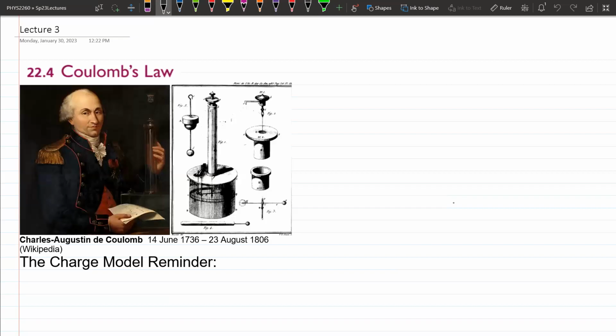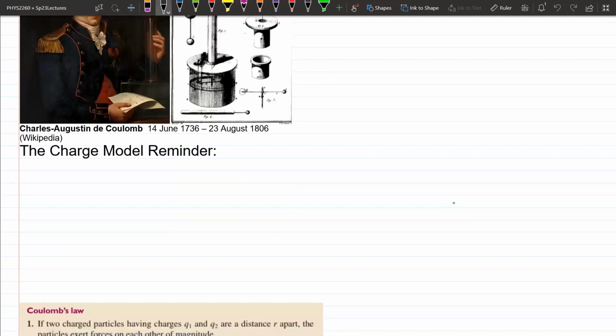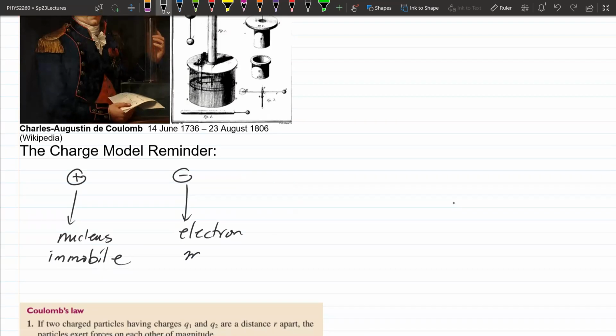And that's the idea of the charge model, where we have some sort of positive charge, which is usually the nucleus, and it's immobile. They don't move around. And then you have these electrons, which are the mobile charges that are able to move around.